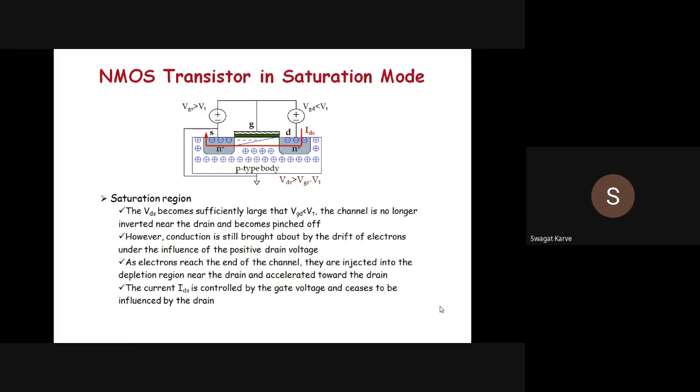This is the second mode of operation, that is the linear, or it can be known as the resistive or non-saturated region.